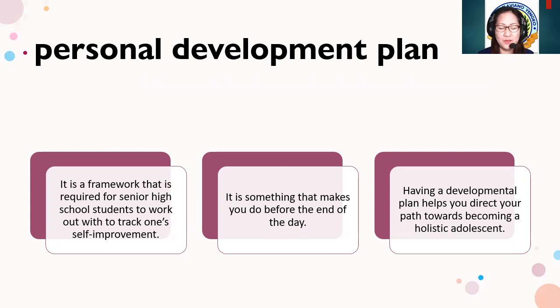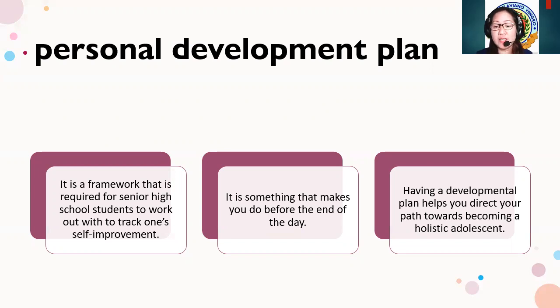For what? For us to be able to track your self-improvement. And it is something that you do before the end of the day. So before you retire at night, you should be crafting your own personal development plan. Why? Because having a personal development plan helps you direct your path towards becoming a holistic adolescent.